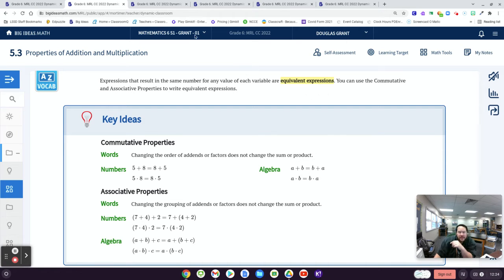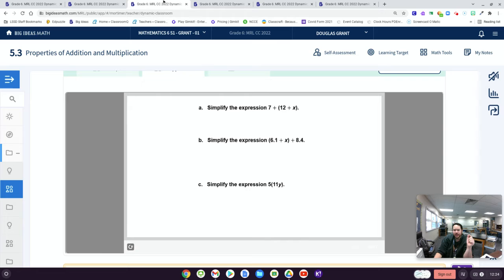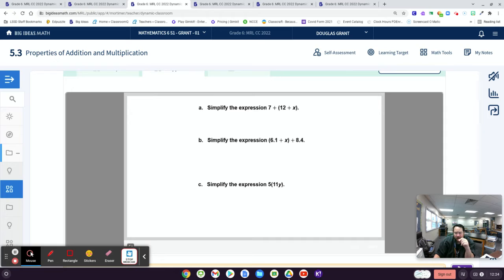Okay, second's over. Now we're going to apply what you just took notes on here to simplify this expression. The first thing you want to do is, instead of doing 12 plus x first, because you can't, you don't know what x is, we want to do 7 plus 12 first. So which property allows us to add those first 2 numbers instead of the last 2 numbers?